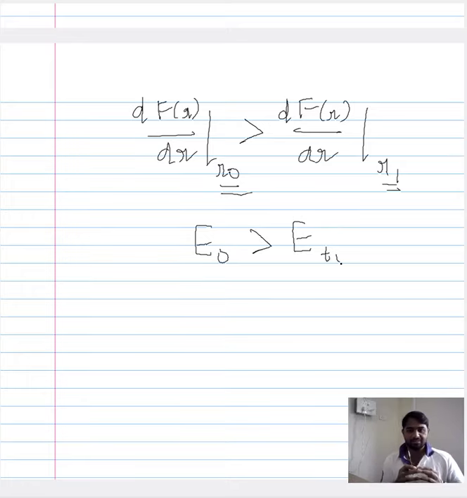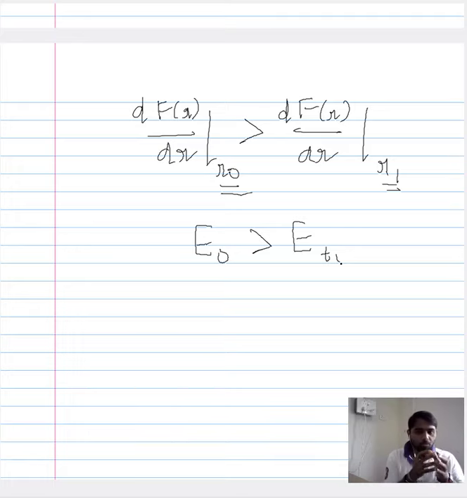So what we have done is relate the first derivative of the force curve, by which we mean the slope of the curve, to the Young's modulus.